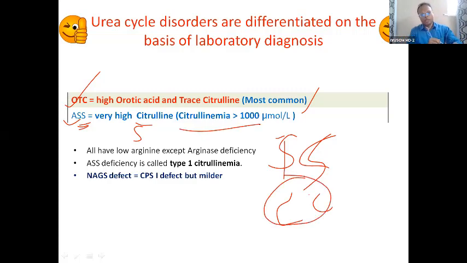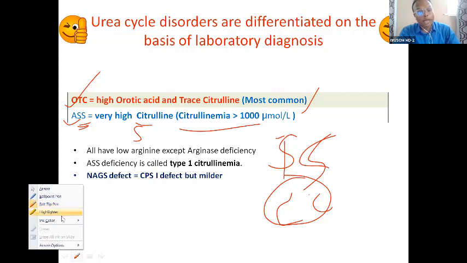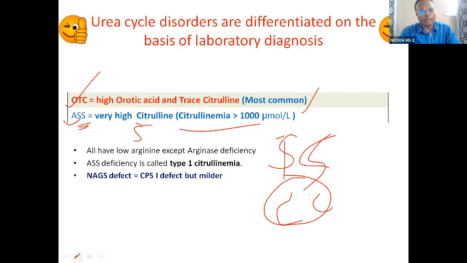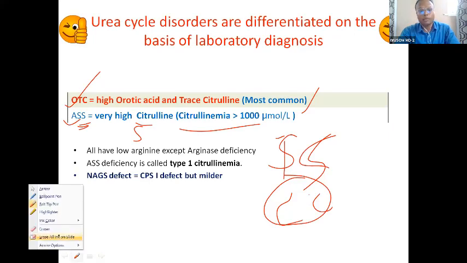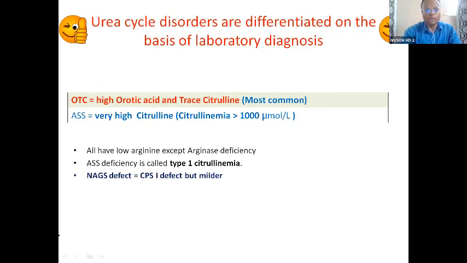In ASS deficiency, what does ASS mean? Go and memorize the names of the enzymes of the urea cycle. Only 5 steps, and it is not that difficult to memorize the urea cycle. So the first enzyme is what? CPS. The second enzyme is what?